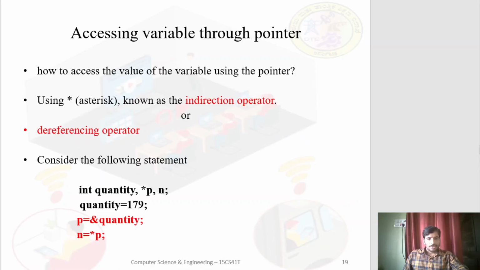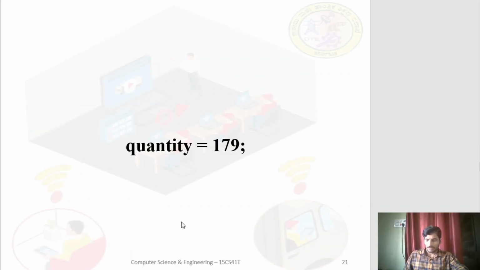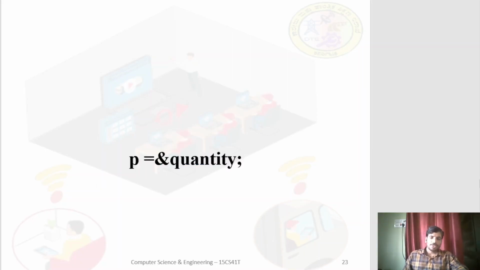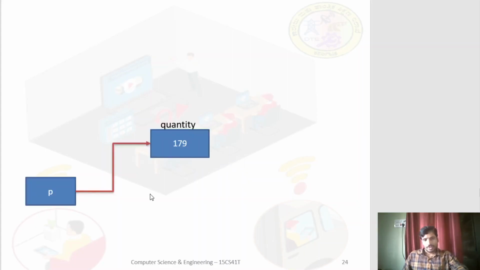Coming to the second statement, quantity equal to 179, this value 179 is assigned to the quantity variable in its memory location. Coming to the third statement, p equal to &quantity, here I am initializing the pointer. So what happens? p points to the quantity.